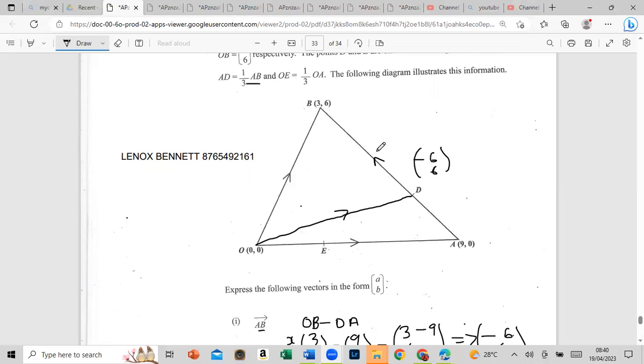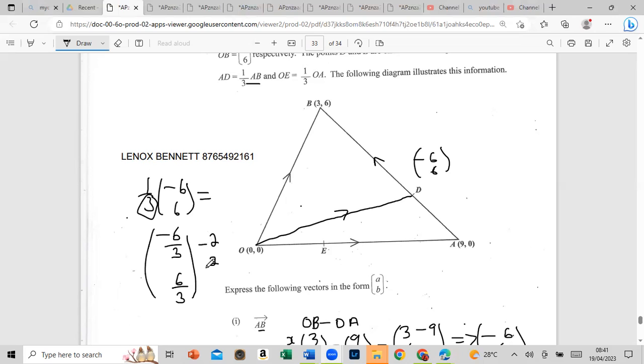So all we have to do to find this is find 1/3 of this actual measurement, which is (-6, 6). So we're going to divide both of them by 3. It's negative 6 divided by 3 and positive 6 divided by 3, which gives us negative 2 and positive 2.